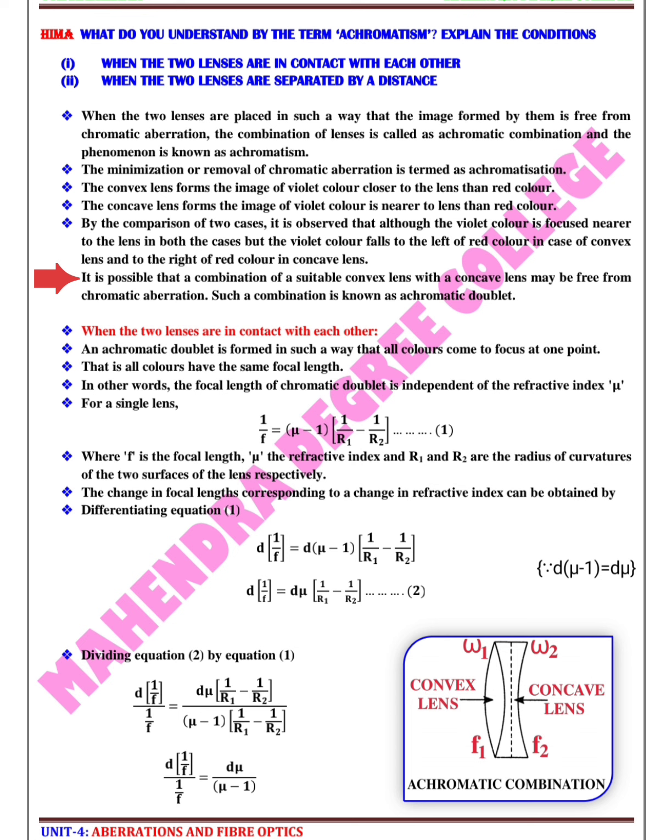In very simple explanation, if we join a convex and concave lens properly, the color blurring problem can be removed. This lens pair is called an achromatic doublet.